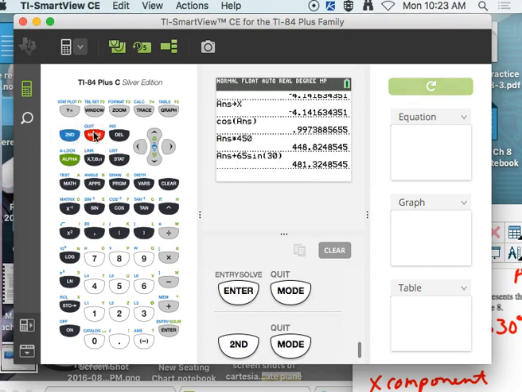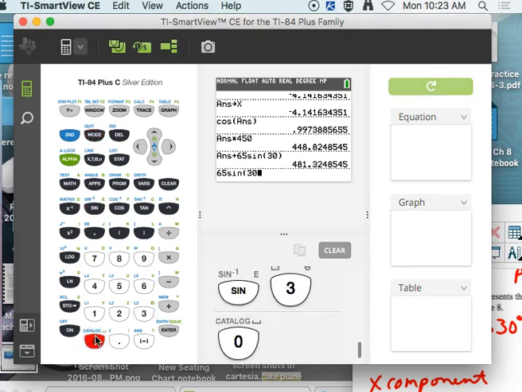Well, let me try again with my stored thing. All right, so I'm going to punch it in with my store button. 65 sine 30. Should have just gone with my store. Plus 450 cosine. That's what it was.